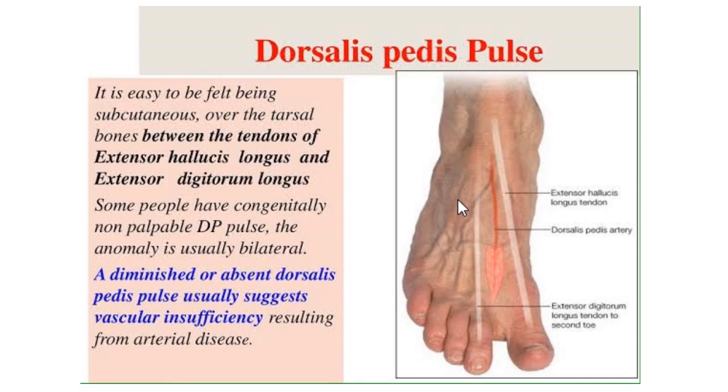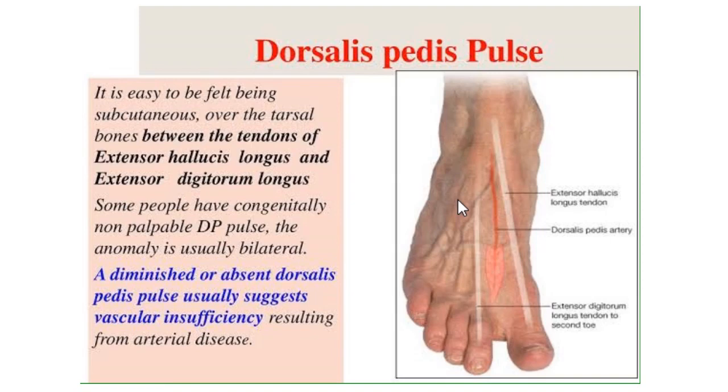Another important fact which you need to know is, in some healthy adults, they may have congenitally non-palpable Dorsalis Pedis pulse, but this variation is bilateral. Absent Dorsalis Pedis pulse doesn't always indicate that there is some abnormality or any peripheral arterial disease.